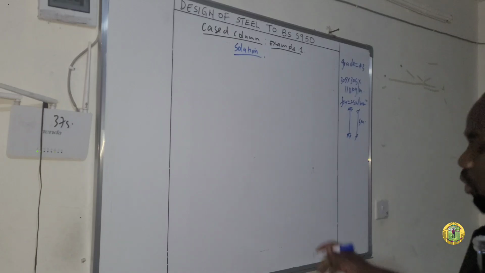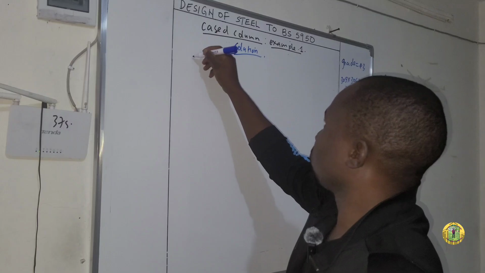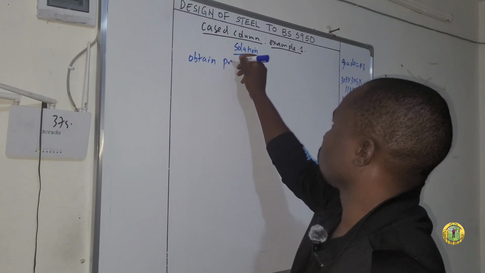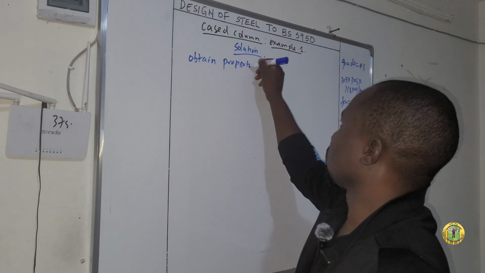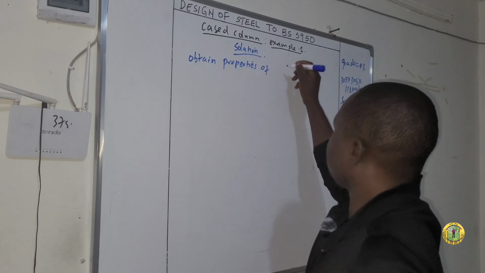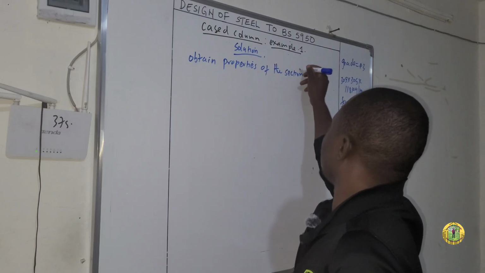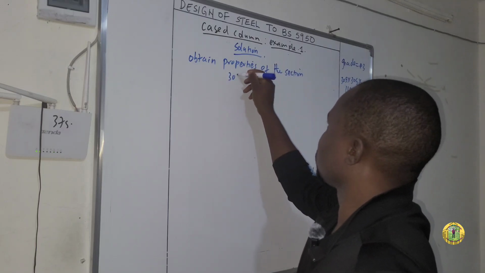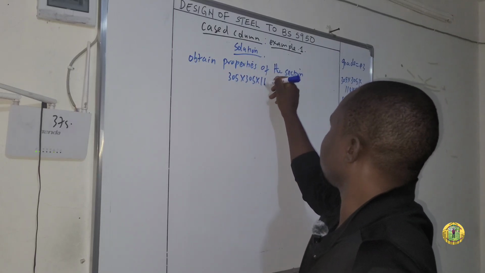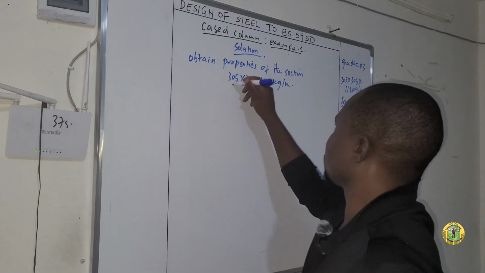So determine the properties of the section, which is 305 by 305 by 118 kilogram per meter.